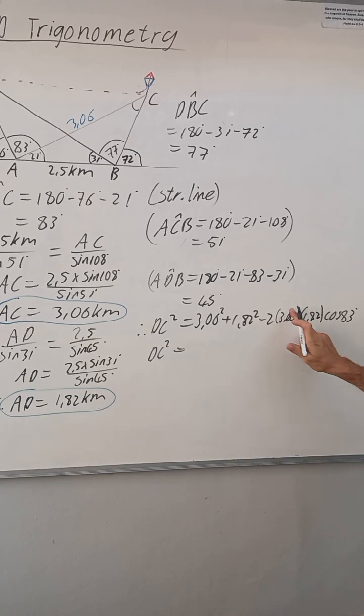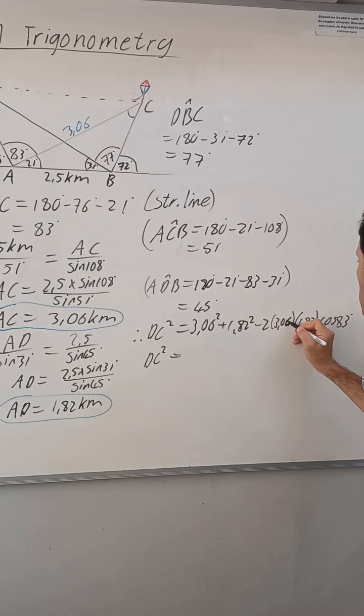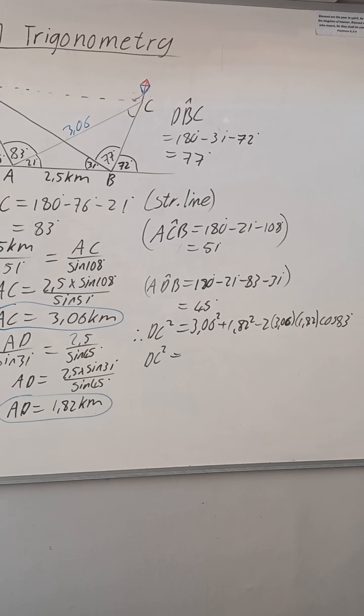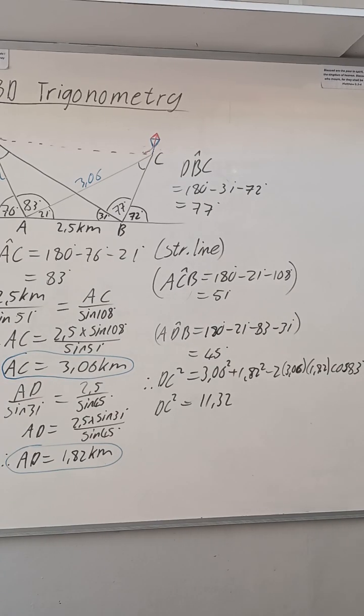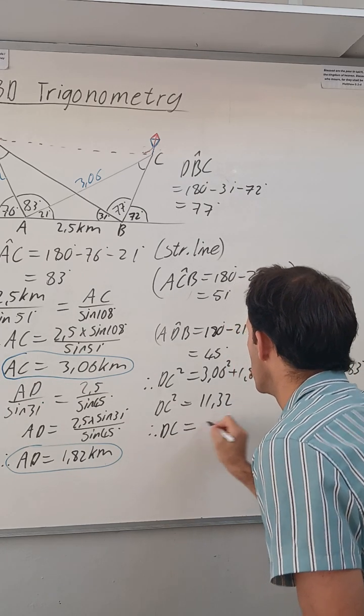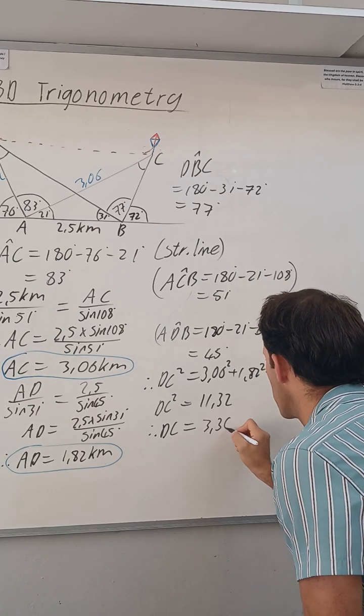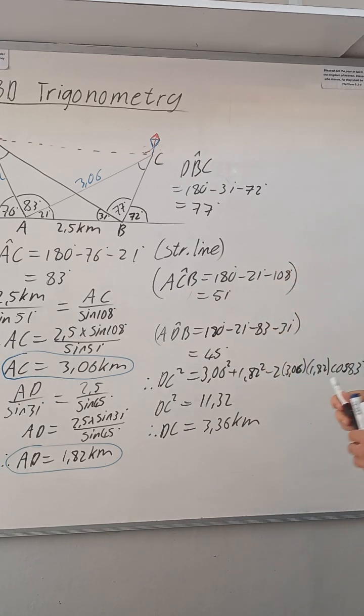Okay, this one is 3.06. So when we simplify this whole thing, we get 11.32 for DC squared, which means the square root will be 3.36. So that's then the length of DC, 3.36 kilometers.